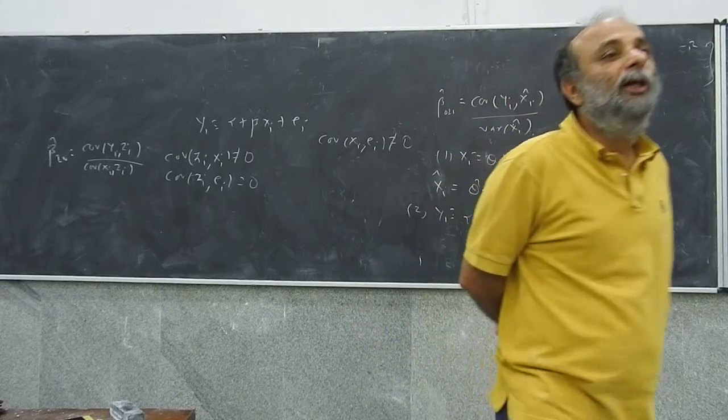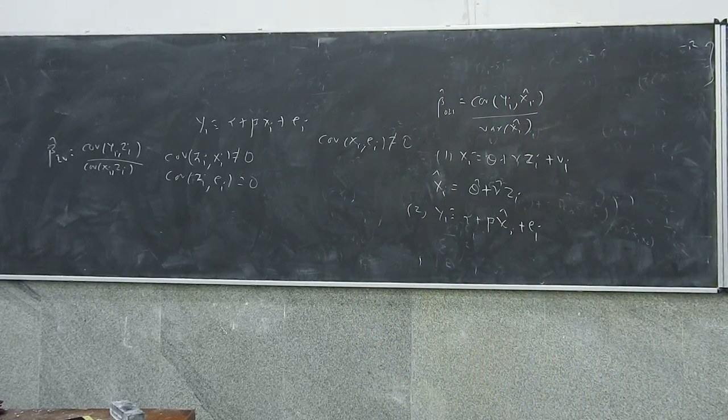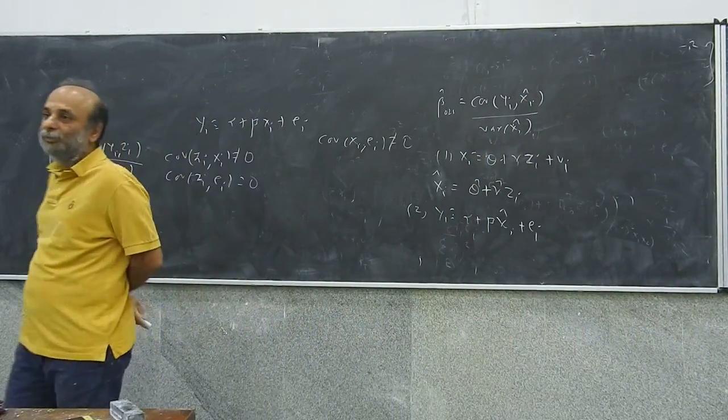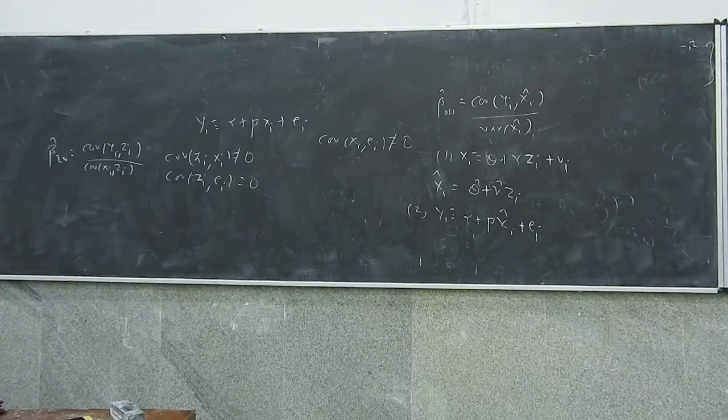Show me that this is actually an OLS. This actually is a beta hat. This actually is an IV estimator. Show me that this is actually an IV estimator. That is, that estimator and that estimator are the same thing. Can you show it to me? Prove it to me. So you have to prove to me that this and this are the same thing.